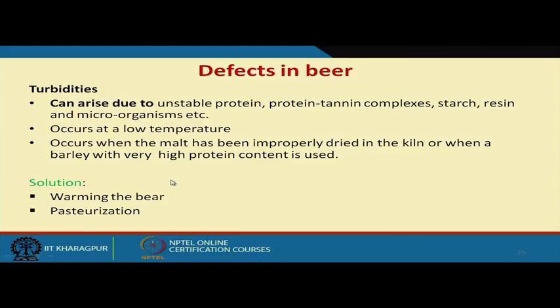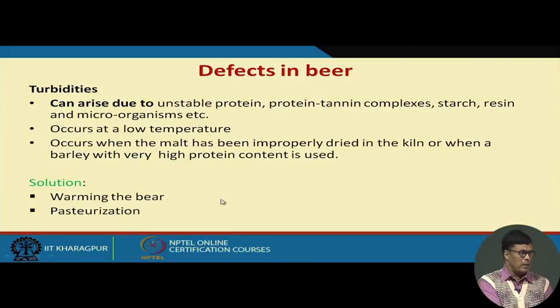This can be removed by warming the beer and the pasteurization process. So the turbidity of the beer can be removed to some extent.